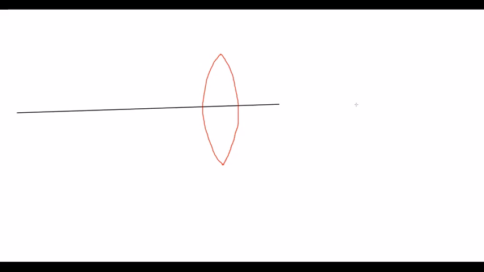First, a convex lens: a lens which is thicker at the center and thinner near the edges is called a convex lens. The imaginary line which is passing through the center of the lens, what do we call this line?